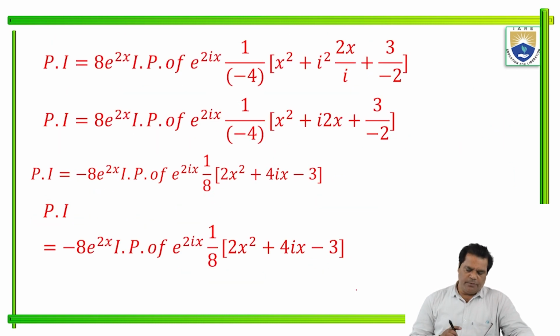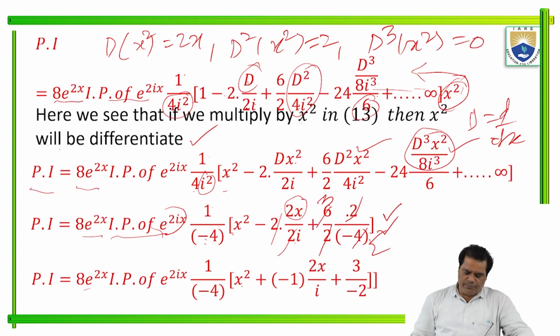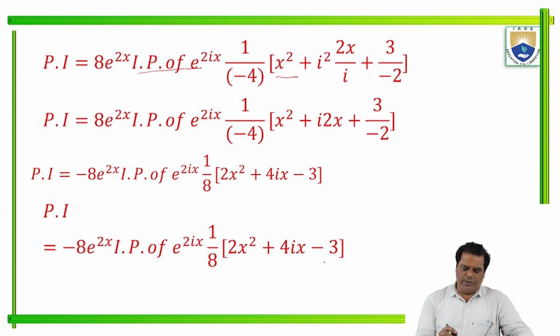Now PI equals the imaginary part of e to the power 2ix times 1 upon minus 4 x square. Here we multiply numerator and denominator by i, because this i is complex. So this is i square, this is i.